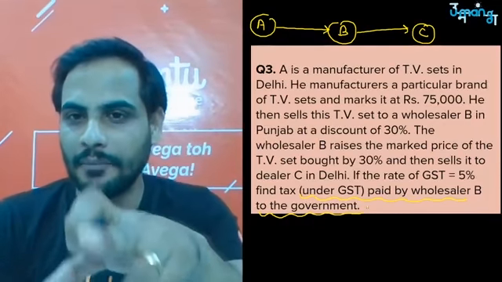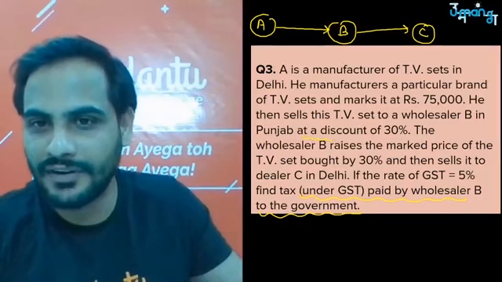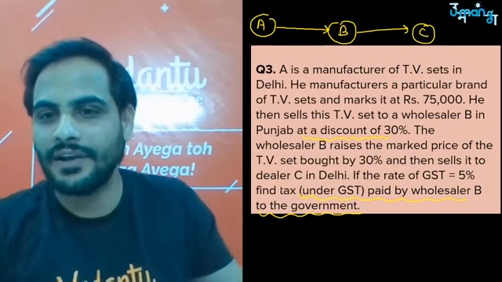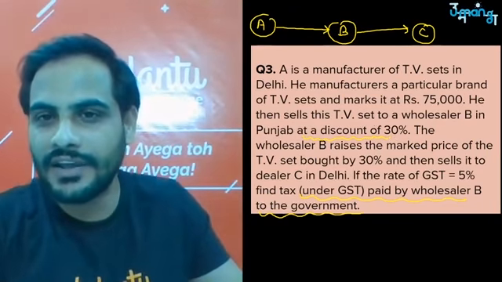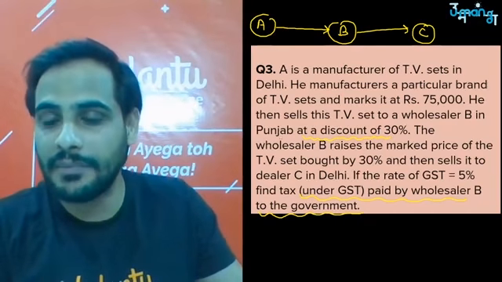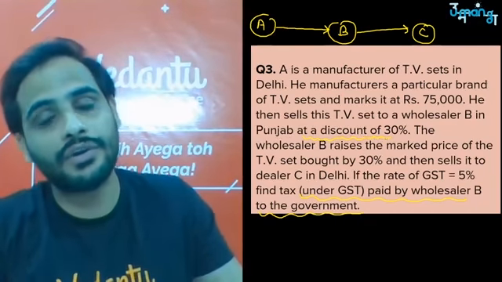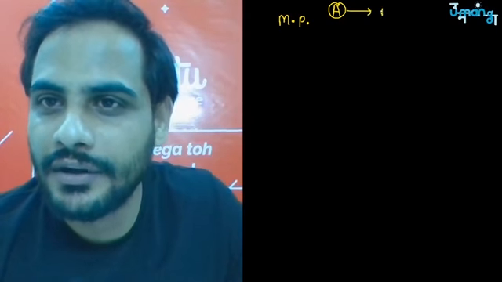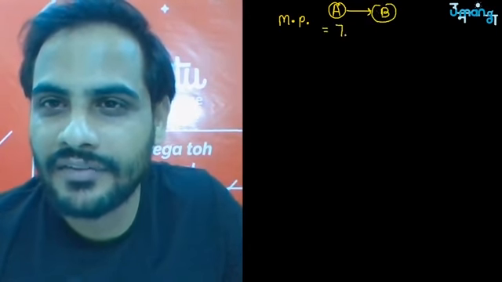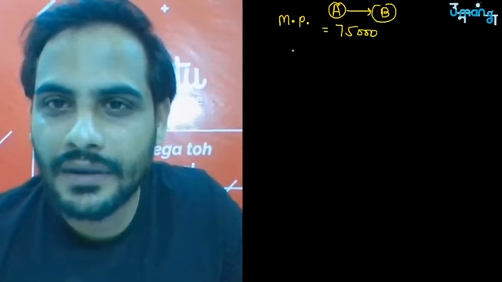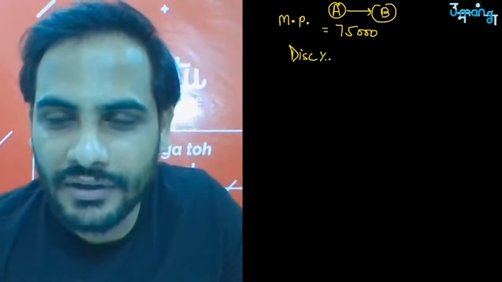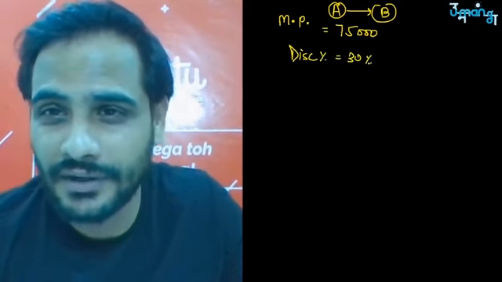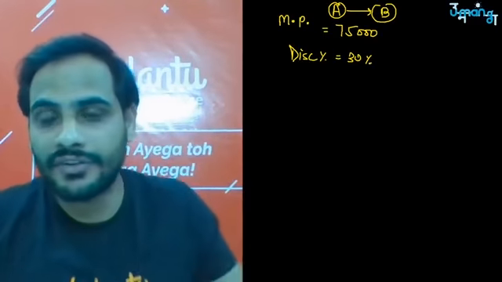He has sold it at a discount of 30 percentage. So the marked price from A to B is given as 75,000, and the discount percentage given was 30 percentage.